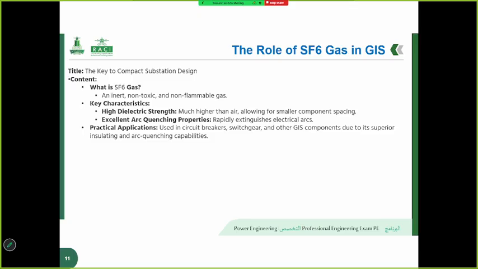The gas-tight enclosures ensure that the equipment is protected from environmental contamination, which further contributes to its high reliability and minimal maintenance requirements. In summary, SF6 is not just an insulator, it is a fundamental enabler of modern, compact, and highly reliable high voltage electrical equipment.